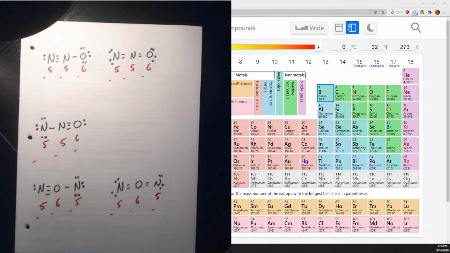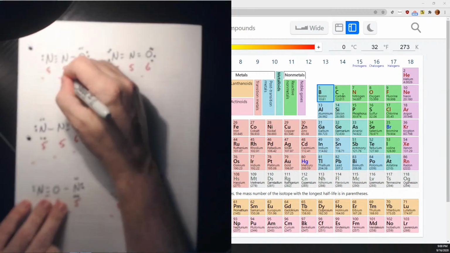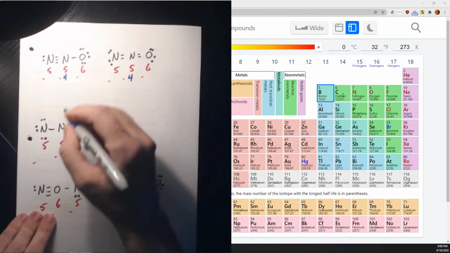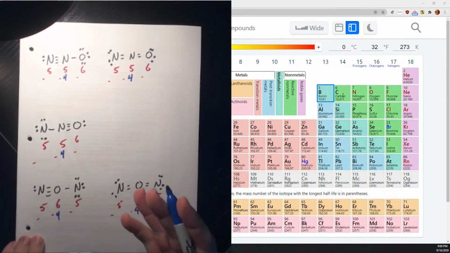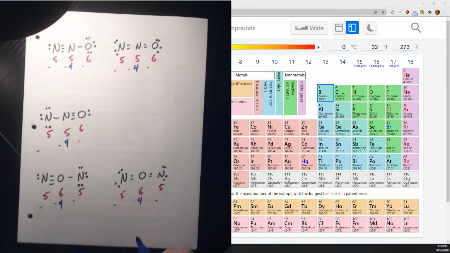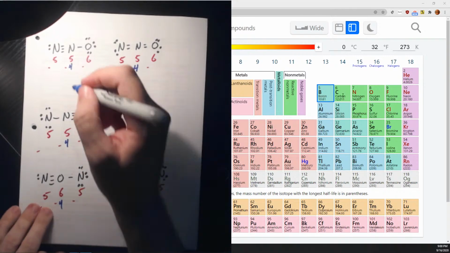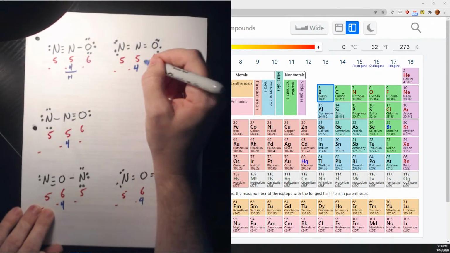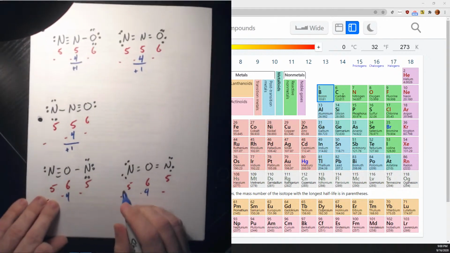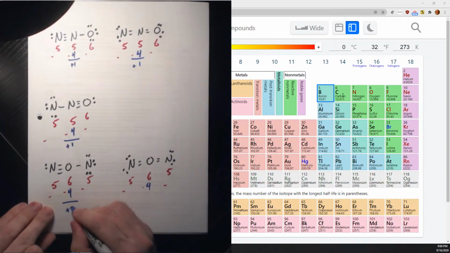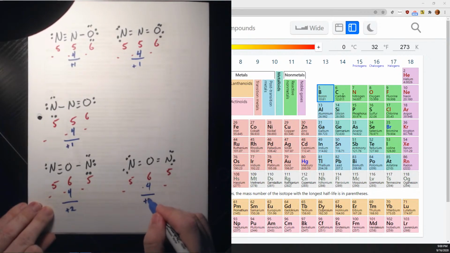So for the atom in the middle, you're always going to be subtracting 4, for this set of molecules. For another set of molecules, it might be different. So I'm just trying to get through this a little bit more quickly. But 5 minus 4 is positive 1, 5 minus 4 is positive 1, 5 minus 4 is positive 1, 6 minus 4 is positive 2, 6 minus 4 is positive 2.